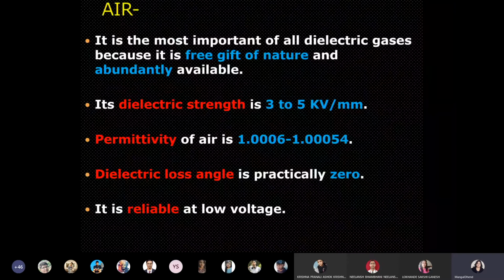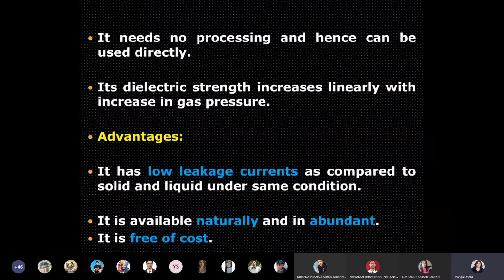So reliability is good, but at low voltage, not at higher voltage, because when you go from lower voltage to higher voltage, you have to switch over to other insulating materials like SF6 and then oil. Air needs no processing, because you will not require any varnishing or peeling, and hence it can be used directly, whatever composition is available in the air.